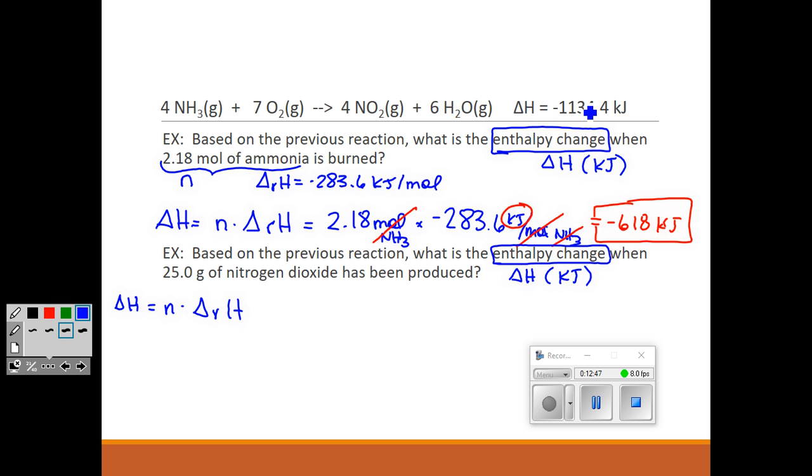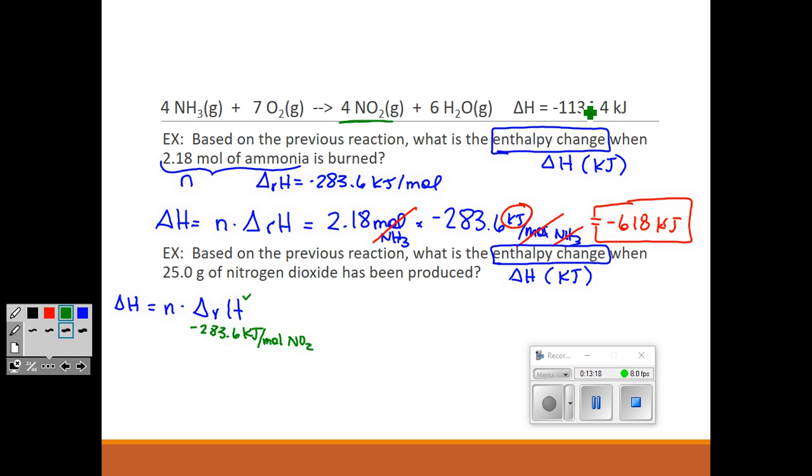Well, I know the molar enthalpy of reaction because we figured it out previously. This time we're looking at nitrogen dioxide, so the NO2. And for the NO2, the molar enthalpy was the same value as it was for ammonia. And that's because it had the same coefficient. So I say, great, I should be able to use this formula.